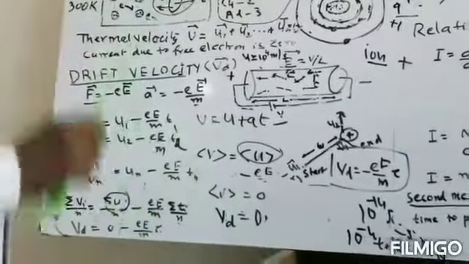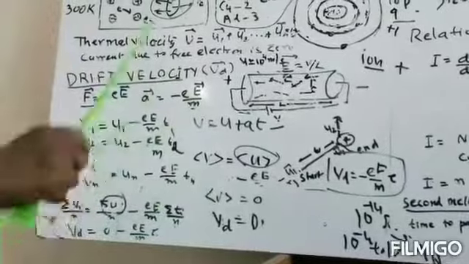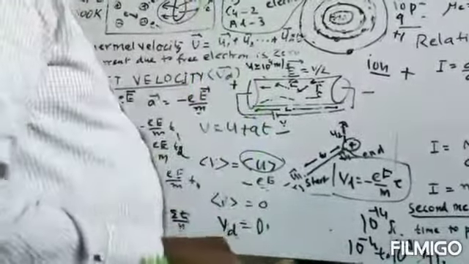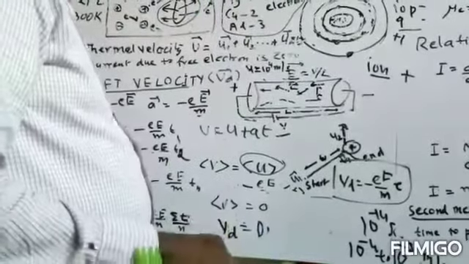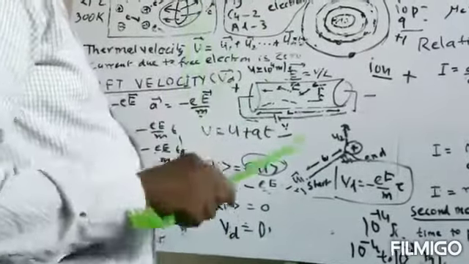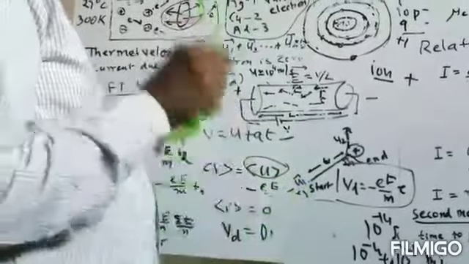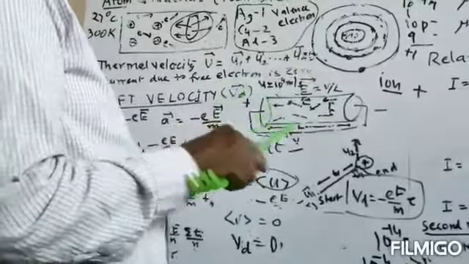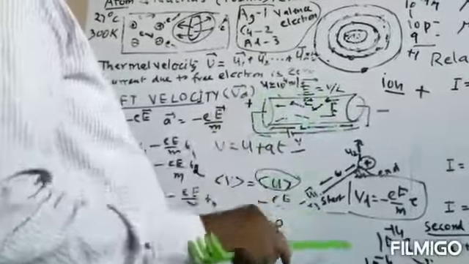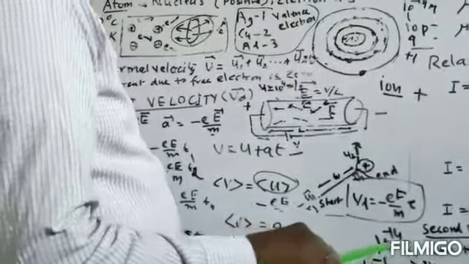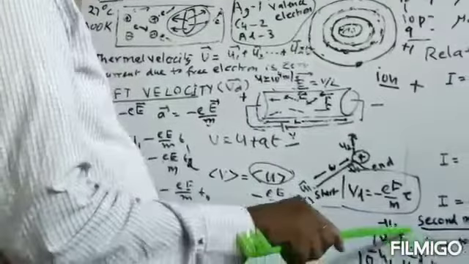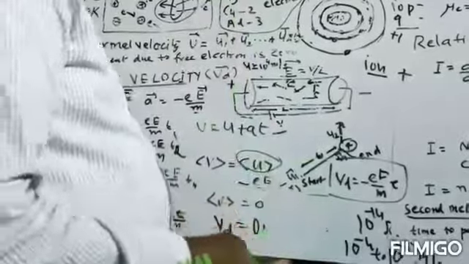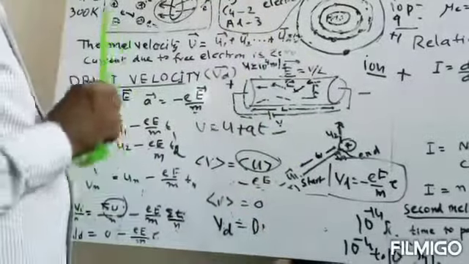So drift velocity will be due to the external electrical field. Drift velocity is the average or mean velocity of the free electron in the direction opposite to the electrical field, and its magnitude is of the order of 10 raised to minus 4 to 10 raised to minus 5 meter per second, whereas the magnitude of thermal velocity is very large.